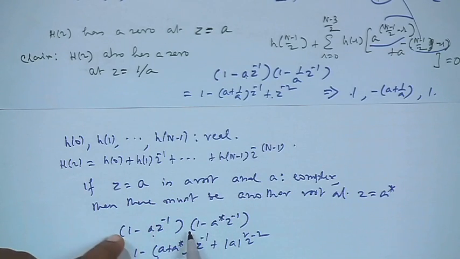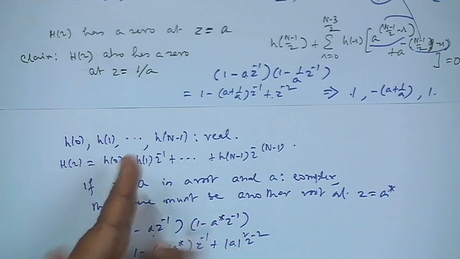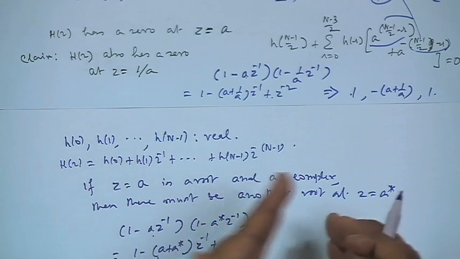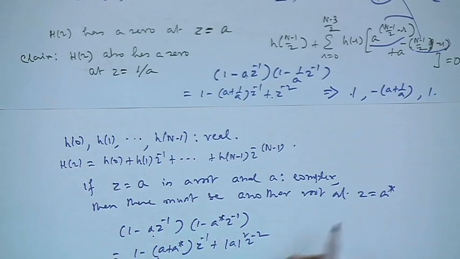You can take the two factors, the product will be a second order polynomial with all real coefficients, and there will be many such second order polynomials with real coefficients, whose whole product is H z, and H z will have real coefficients. Okay. But if I do not have A star with A, then there is a problem. That is why whenever there is a complex root, its conjugate will be there.